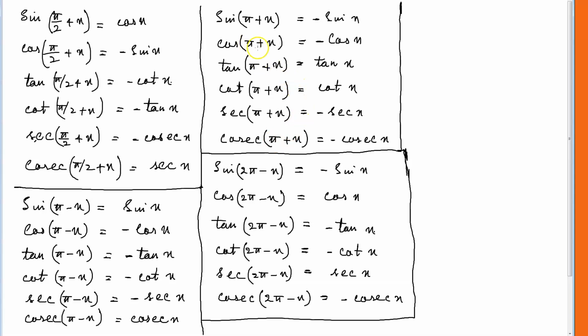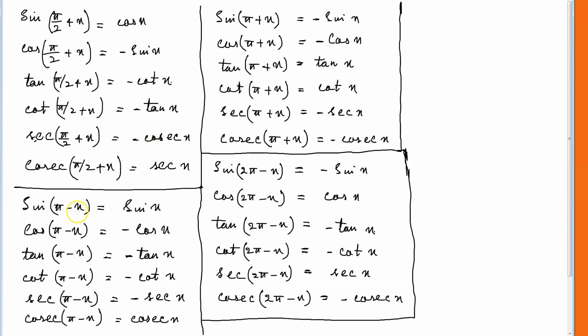But as you can see, only when you have pi by 2, the trigonometric ratios are converted into their counterparts, and in all the other cases they remain the same. When you have pi by 2, basically all of the trigonometric ratios are negative except for cos and secant.